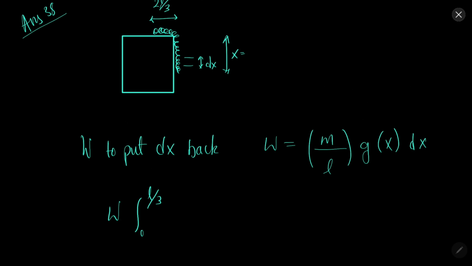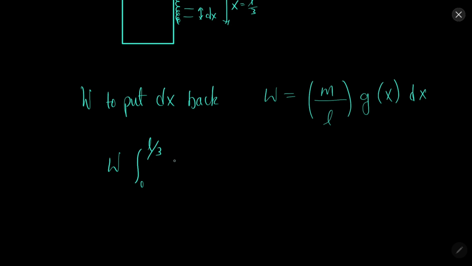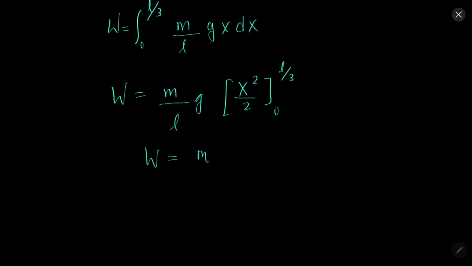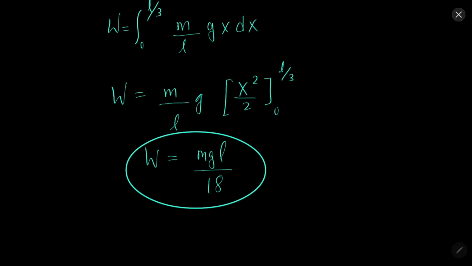So m over L g x dx. So it will be m over L g x square over 2 from 0 to L by 3. So our work done will be mgL over 18.